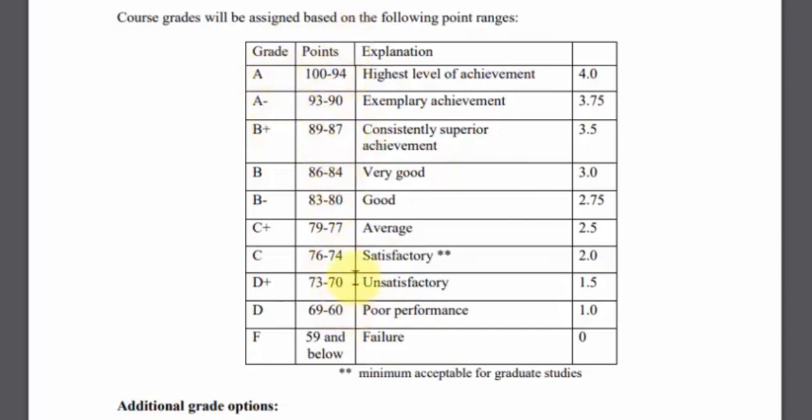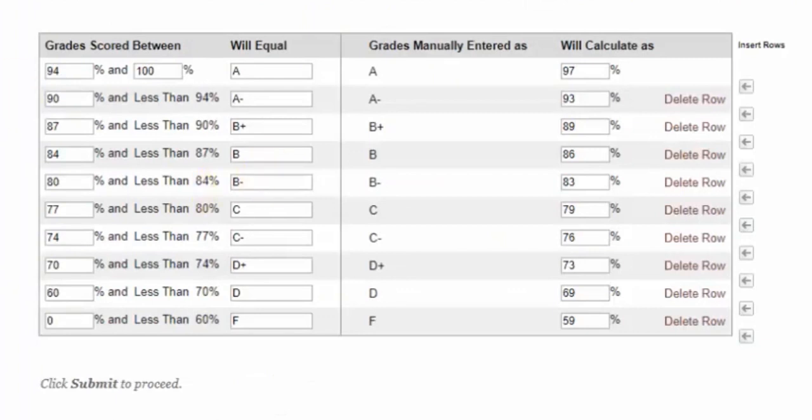So basically I just translated this information to my Blackboard here, so that when I do enter a grade, it's going to show me the appropriate letter depending on the number that they have. I can add more rows by clicking on this arrow, or I could delete a row here by clicking on the word delete. I can edit these letters here by changing it here if I want. And if I change any of these numbers, the ones on the side over here will change to reflect the changes I've made.